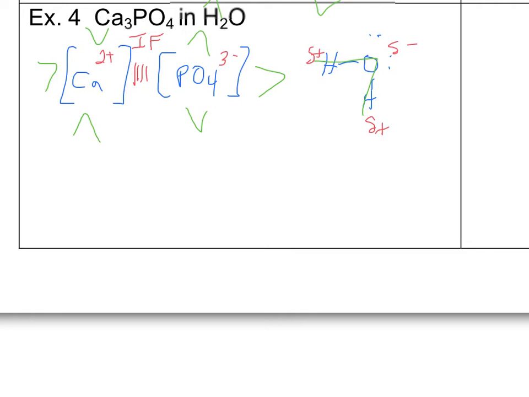Now, if you have a look at the charge difference between the calcium and the phosphate, this is a pretty big charge difference. There are 5 integers between these two charges, representing a very strong ionic bond. In the previous NaCl example, there was only an integer difference of 2, a 1+ and a 1-. That represents a weaker ionic bond. In this case, the ion dipole attractions between the water and the ions are not strong enough to pull this ionic compound apart.